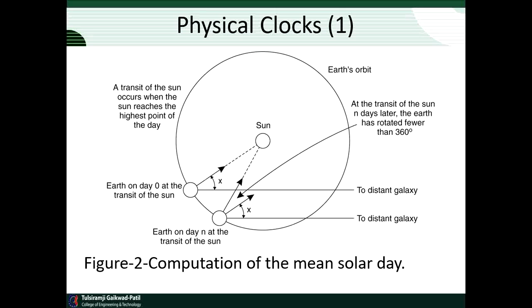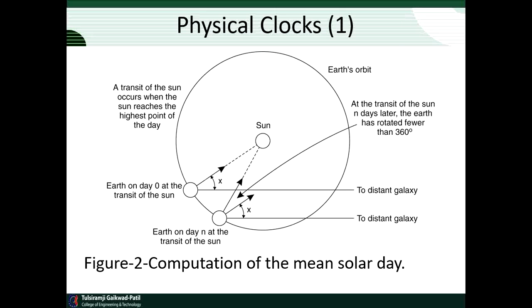The event of the sun reaching its highest apparent point in the sky is called a transit of the sun. These events occur at about noon each day. The interval between two consecutive transits of the sun is called a solar day.